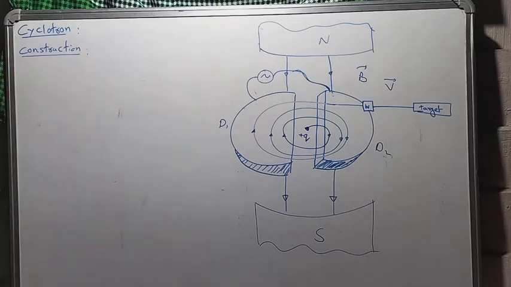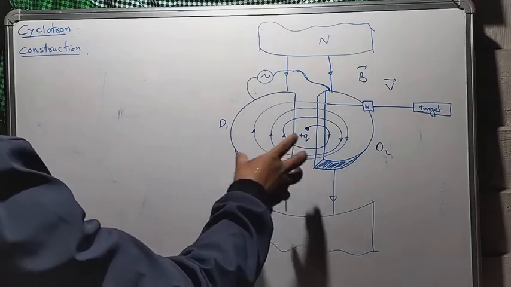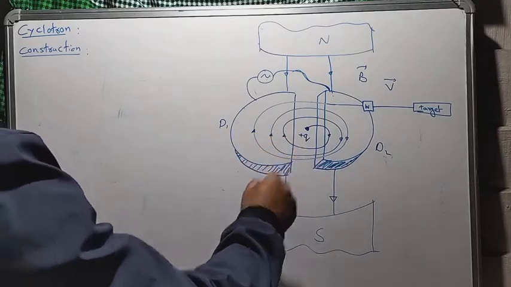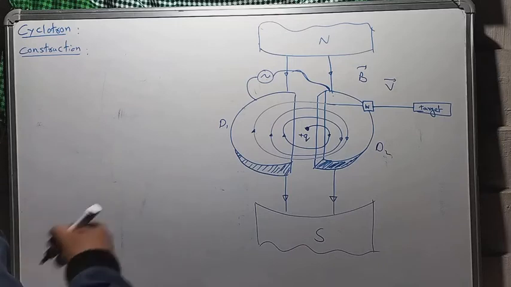Construction of a cyclotron. The construction of a cyclotron can be understood by looking at this figure. In this figure, the cyclotron consists of two small hollow metallic discs.